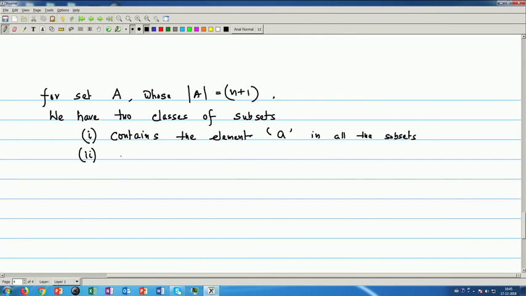The second category, all the subsets do not contain the element A.